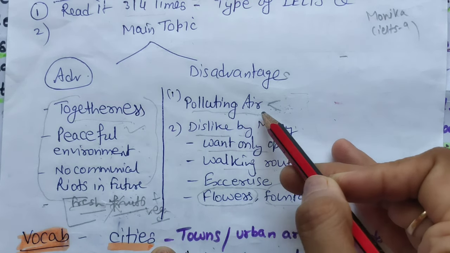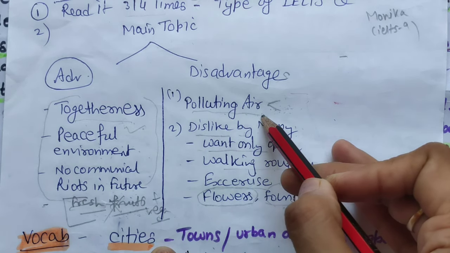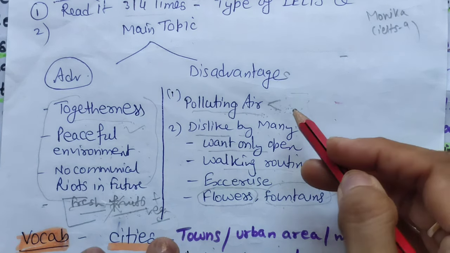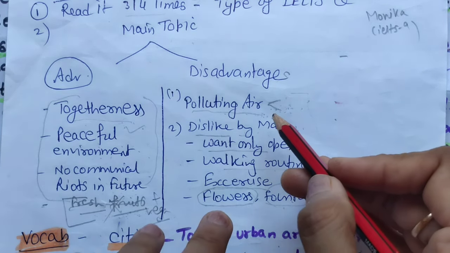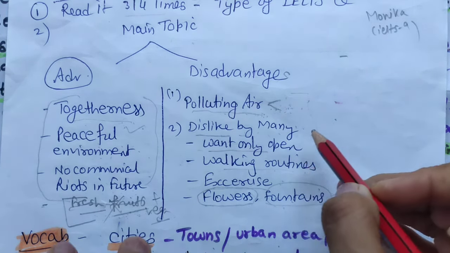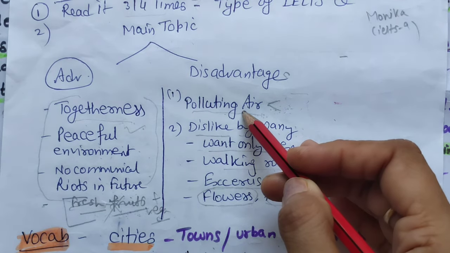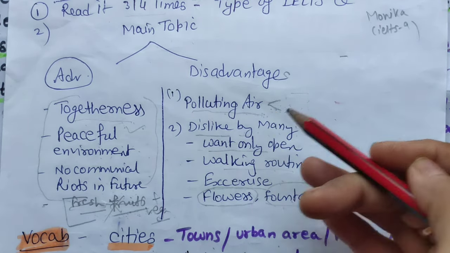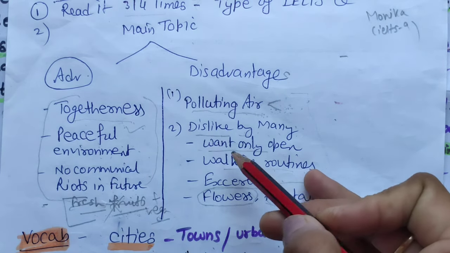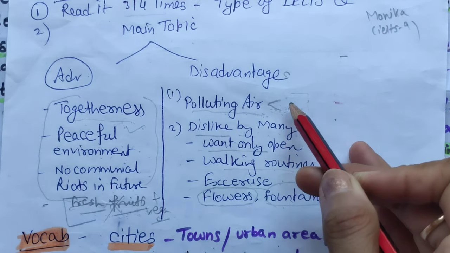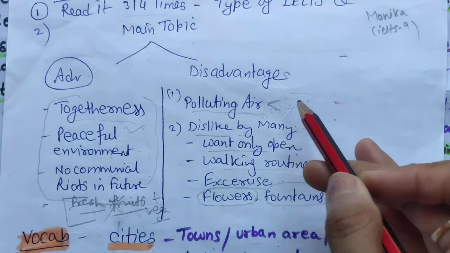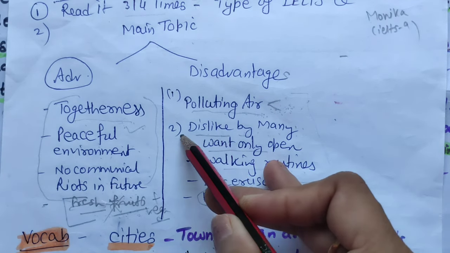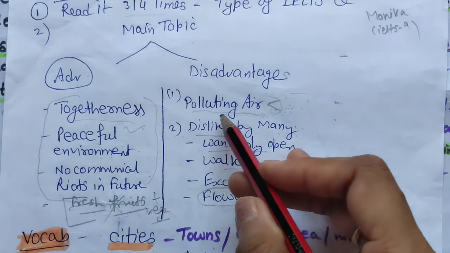That will make the environment toxic, the air also, because everywhere in the city there are markets and houses. If you spray so many things in a small area, fumes will go into the air, and some people may have allergies from these things. We will explain it in paragraphs.